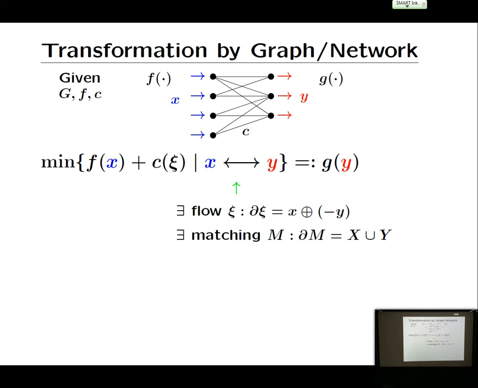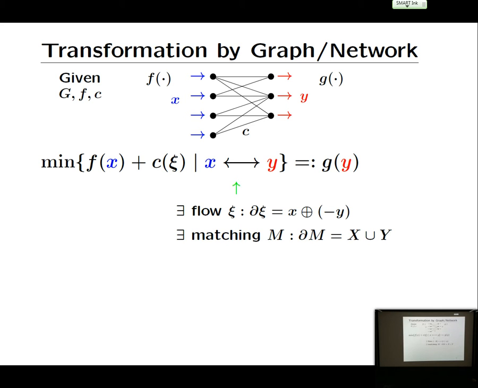Now, what is transformation by graph or network? Maybe you know that if you have a bipartite graph, for simplicity, and some matroid structure, you can induce that structure from left to right. A subset on the right is independent if it can be matched to an independent set on the left. This is a well-known construction.